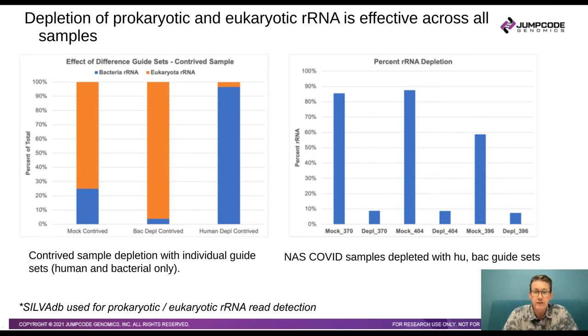Then after depletion, we're seeing less than 10% across all 3 of those samples when we deplete the human and bacterial ribosomal RNA.